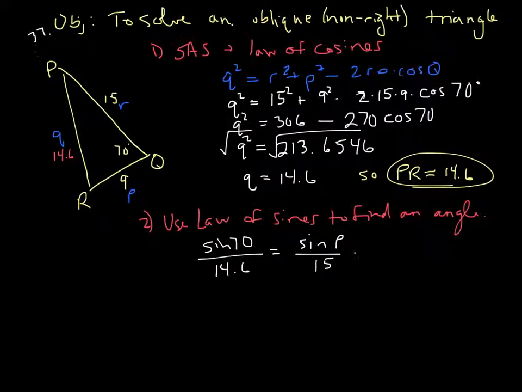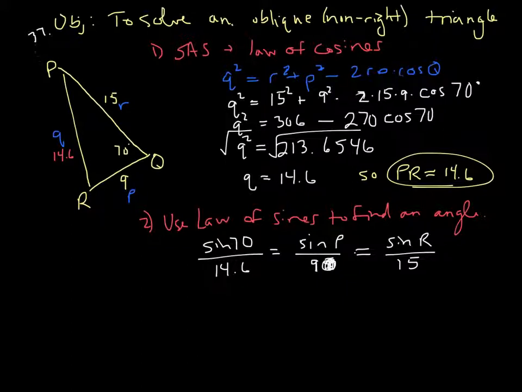Oops, sine of p over 9 is my opposite side. Let's fix that. And it doesn't look like it'll let me erase. Oh, come on. Okay, we're just going to scribble that out. Is equal to sine of r over the 15. R, opposite side, 15.